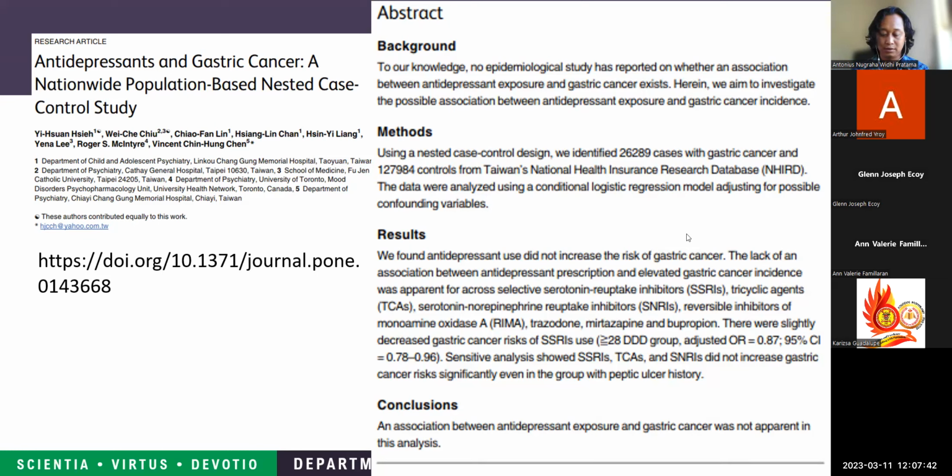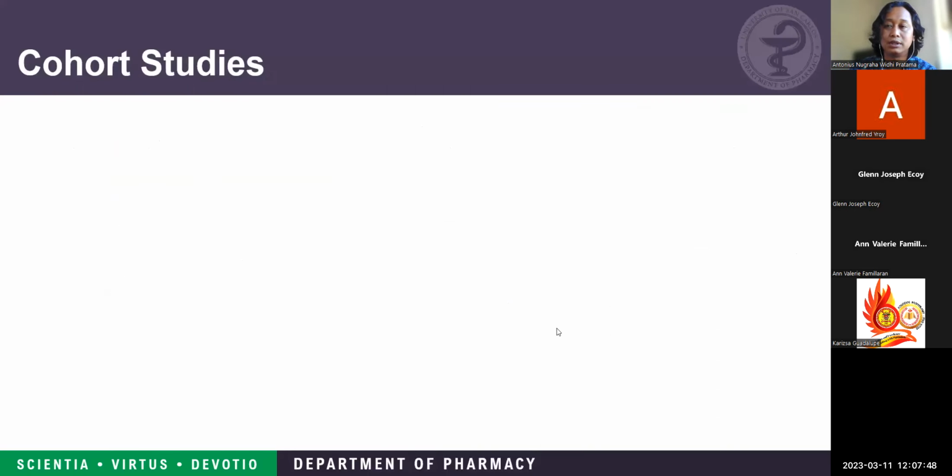No? Not. Let's continue to the cohort studies. The cohort study is, I don't know the appropriate term, kind of the opposite of the case control study. But it is said to have higher evidence.